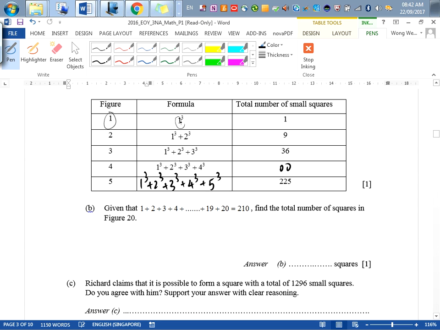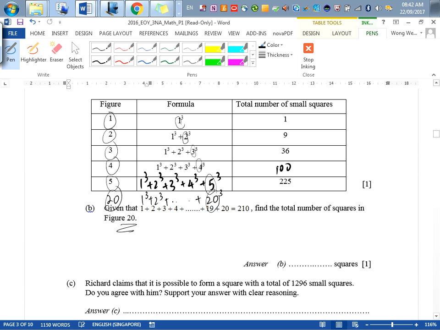Then we have 1, 2, I have 2 over here. 3, 3, 4, 4, 5, 5. You see the relationship so far? Figure number and the last number is the same. So for figure 20, it will be 1 cube plus 2 cube plus dot dot dot plus 20 cube. Right? The figure number and the last number must be the same.